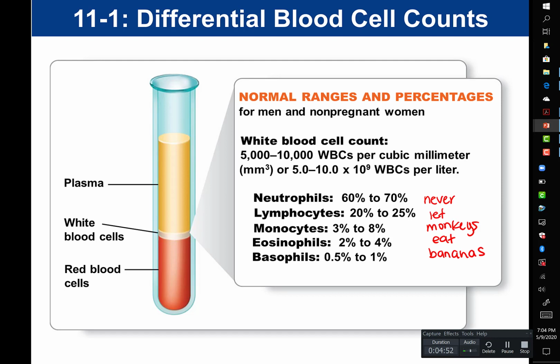Maybe you have to look at 200 cells or whatever it might be. So basophils are going to be extremely rare. You're going to have to really search if you're looking for a basophil in a blood smear. They're very rare.